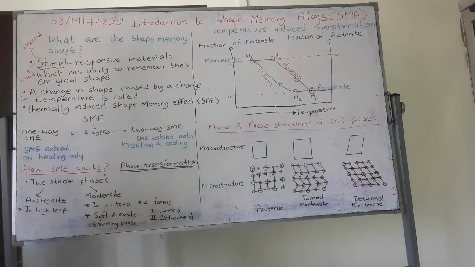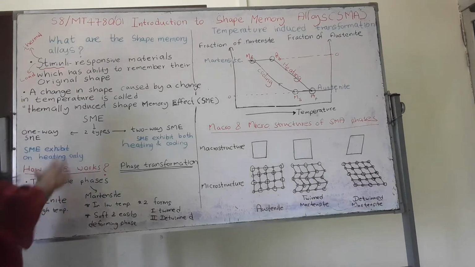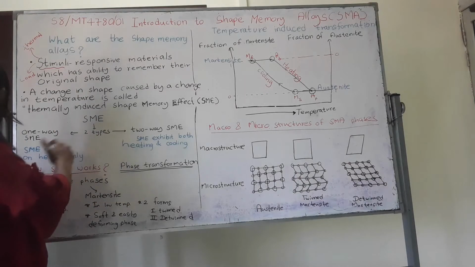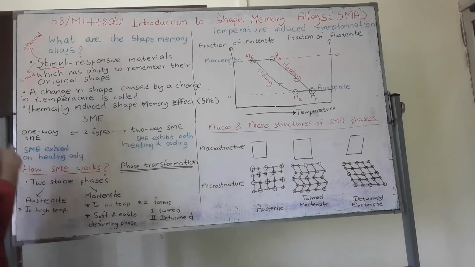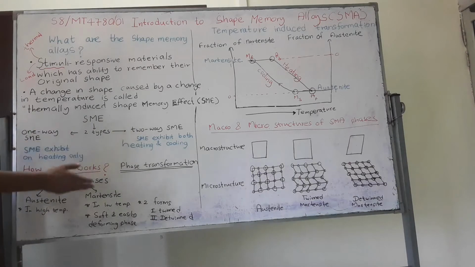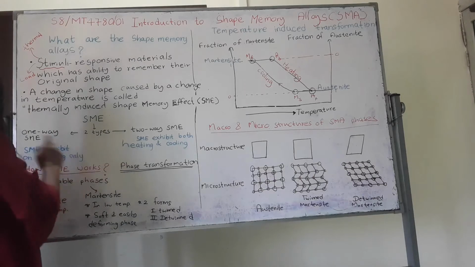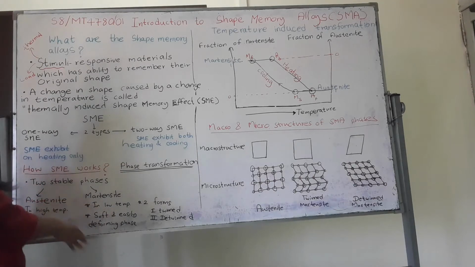And how it works? The theory behind this phenomena is the phase transformation, and the stable phases in this phase transformation are austenite and martensite.